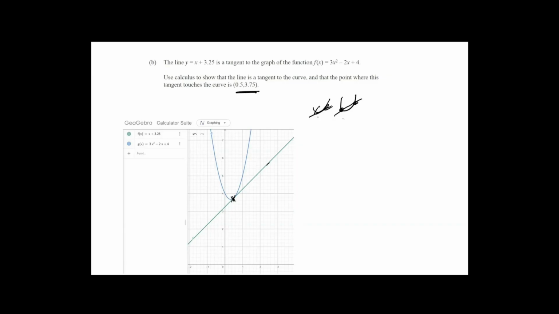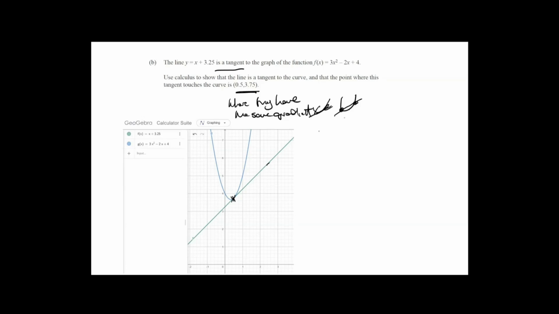It has to cross at once, and where they cross, they have to have the same gradient. So we're going to be differentiating. I'm not going to prove that that's where they cross, because it says it's a tangent, so we're going to take them at their word for that.